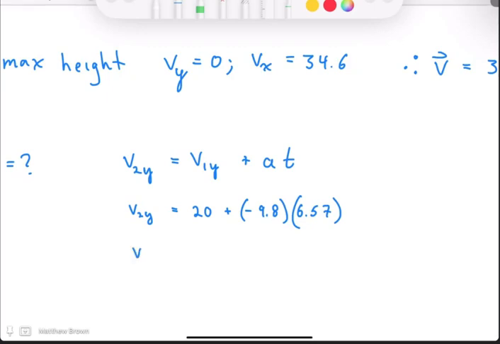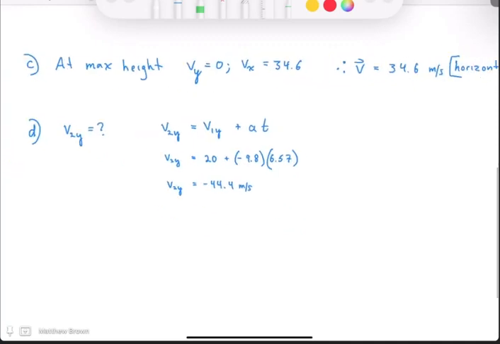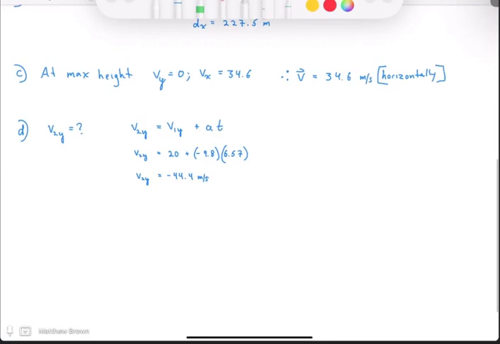And that means v2y equals negative 44.4. Just plugging in the numbers. So now we know the components of the final velocity, because again, x doesn't change.